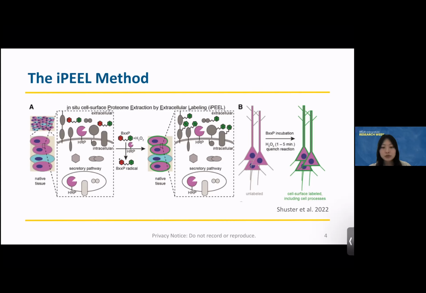Following optimization of experimental conditions, collected tissues were labeled through immunofluorescence staining and subsequently imaged using confocal microscopy. Samples that showed successful biotinylation of surface proteins were then evaluated through proteomics analysis and gene ontology.